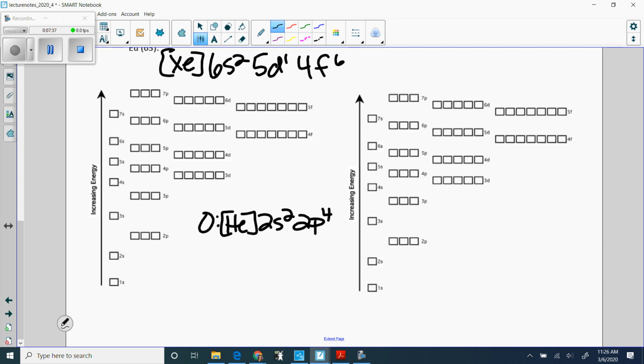Oxygen, noble gas core is helium. After number 2 is number 3. Number 3 is in the 2s category, 2s2. Then I'm switching categories. Now I'm in the 2p category, 2p1, 2p2, 2p3, and 2p4.